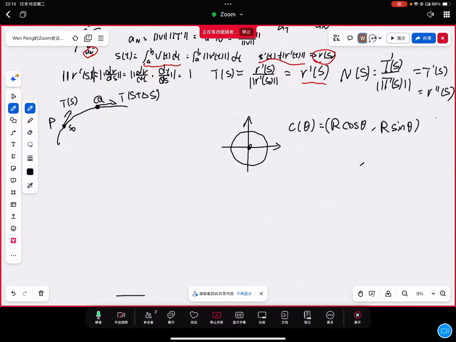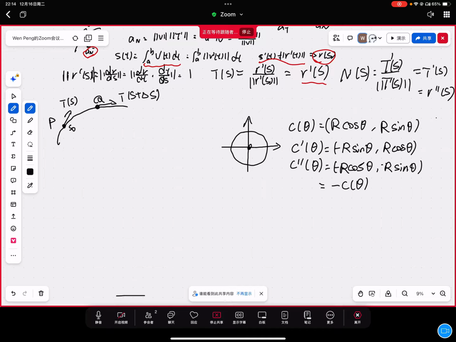This represents the points on the circle. And if you take the derivatives, c prime of theta has such properties.